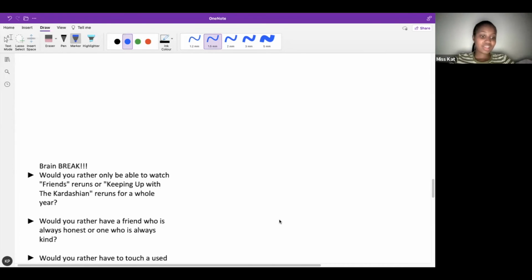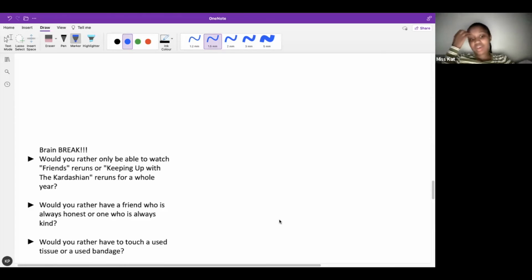Hi, Kubo. Would you rather have to touch a used tissue or a used bandage? Where do I touch the bandage? Do I have to touch the blood? You must just touch the bandage. Wherever you touch it. Hey, man, where are the gloves? No gloves.